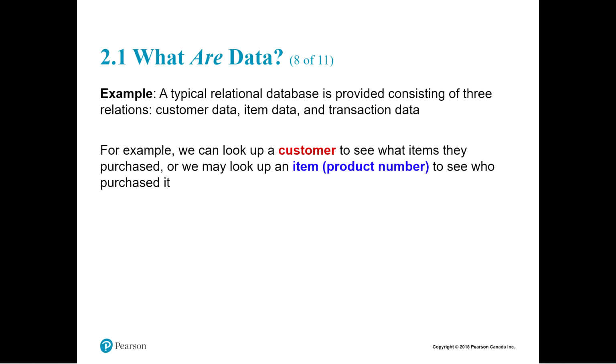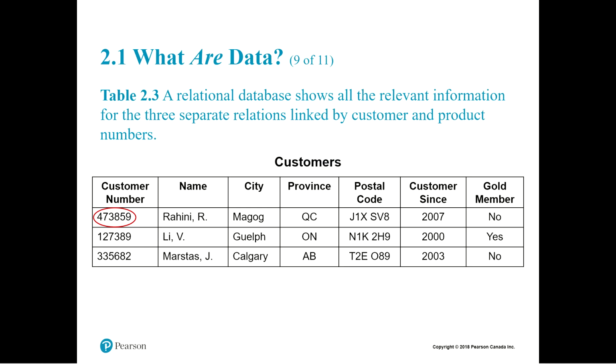Here's an example. A typical relational database consists of three relations: customer data, item data, and transaction data. So for example, we can look up a customer to see what items they purchased, or we may look up an item product number to see who purchased it. A relational database shows all the relevant information from the three separate relations linked by customer and product number, right there.